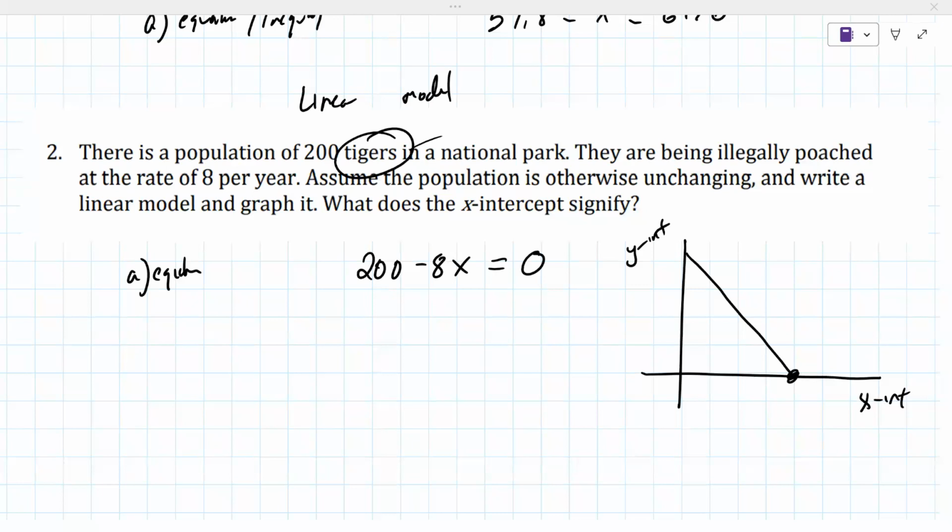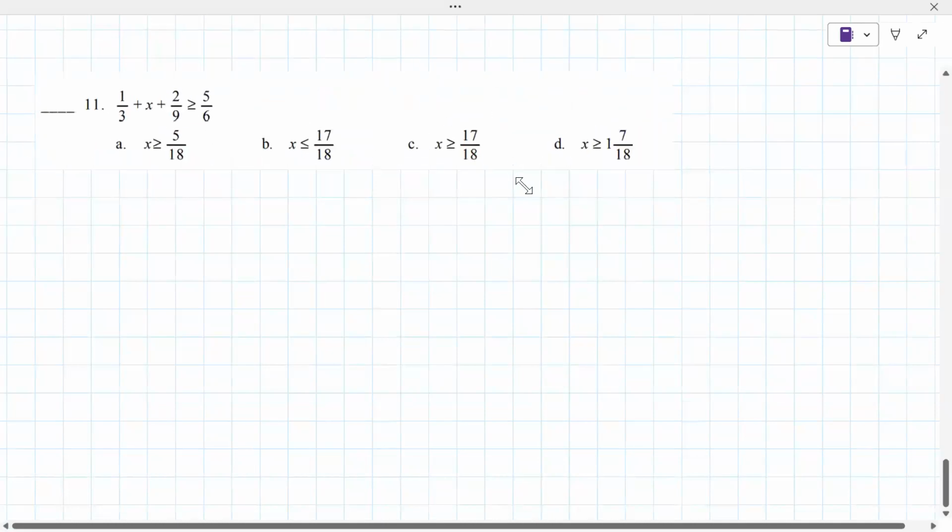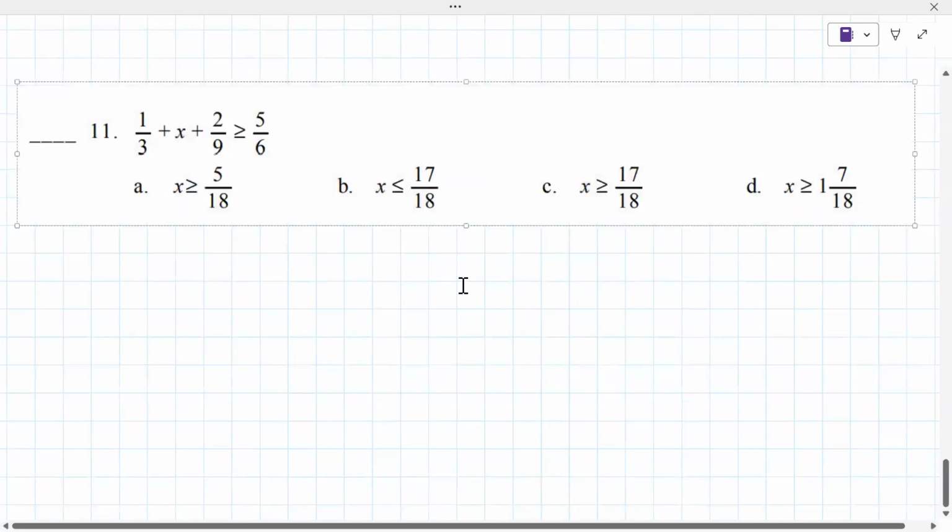Do you think you'll get anything with fractions in it on your test? Maybe a couple. Okay. I'll give you this one with multiple choice, and then the next one I'll give you without. This is just an inequality to solve.